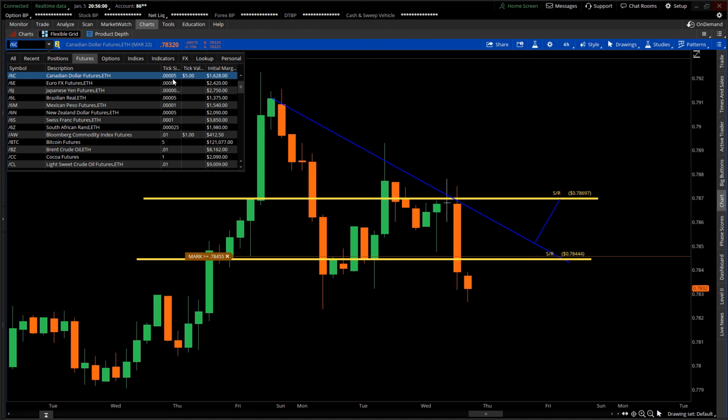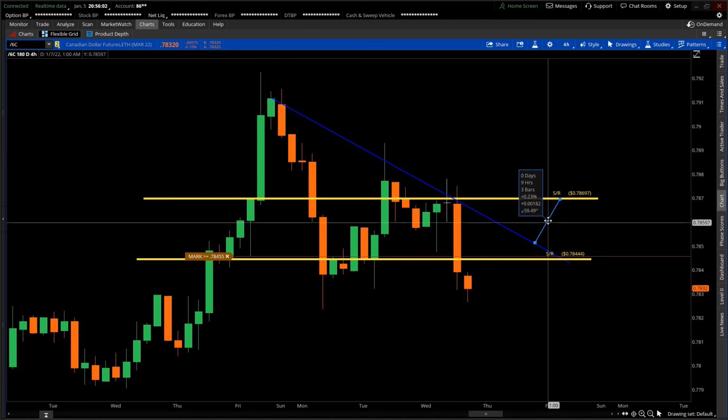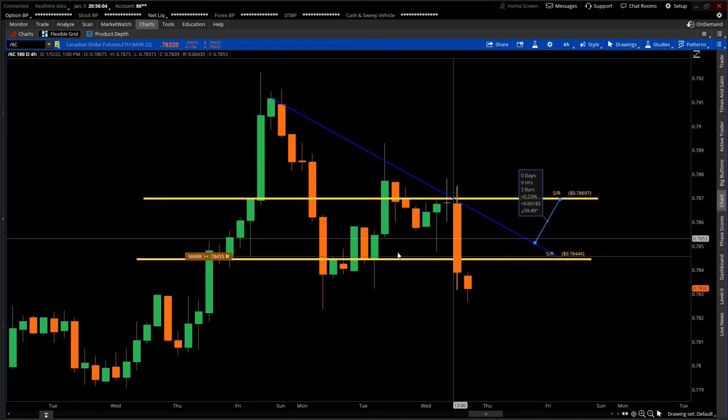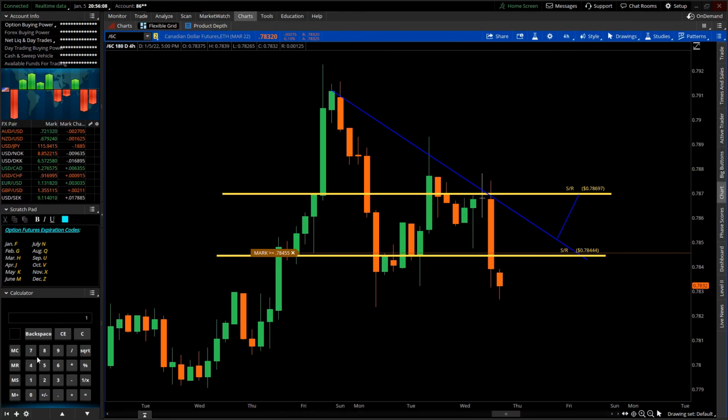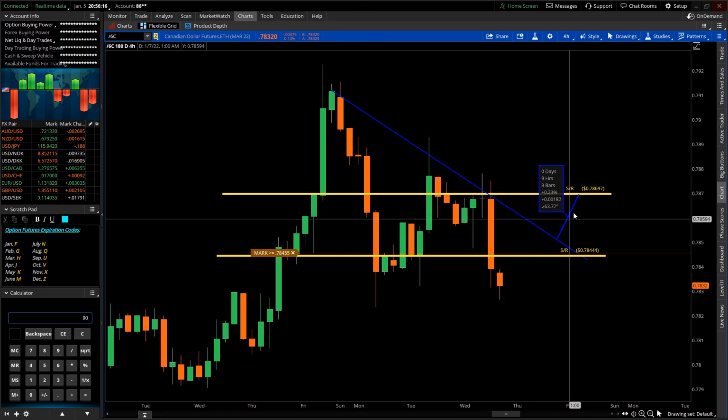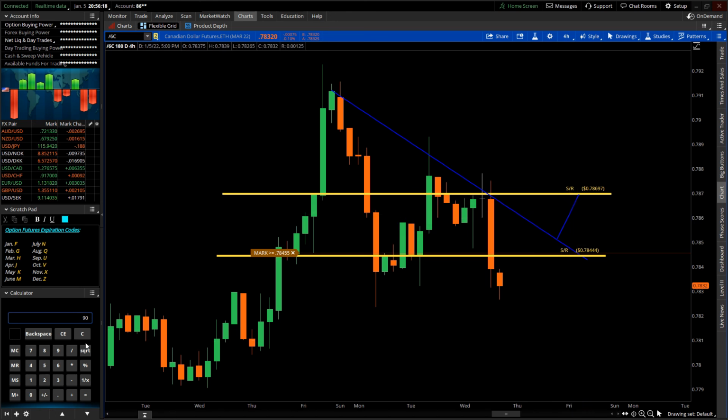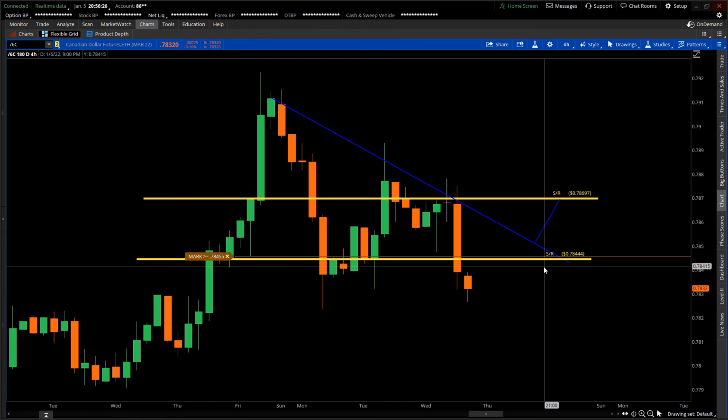So if we measure 18 ticks, so 18 ticks times $5 per tick. So this would be about a $90 move right here. So that's how this contract is calculated. And those are the levels that I'm looking for and the rationale for a potential entry.